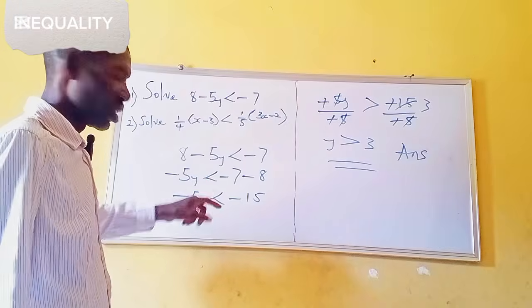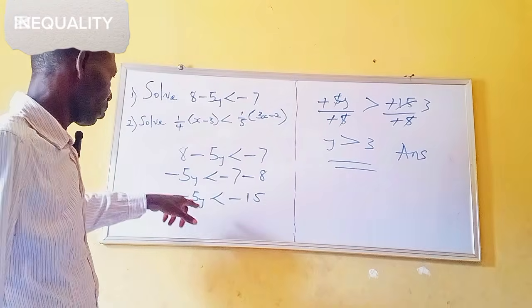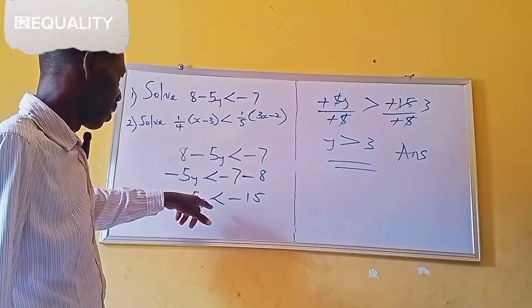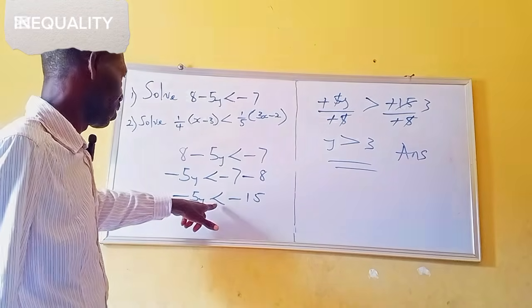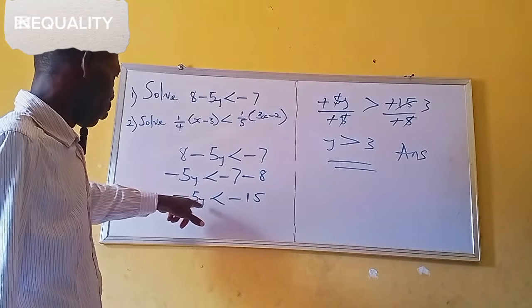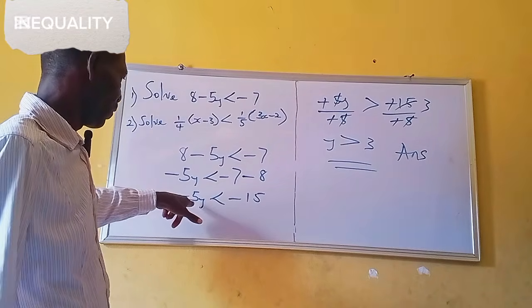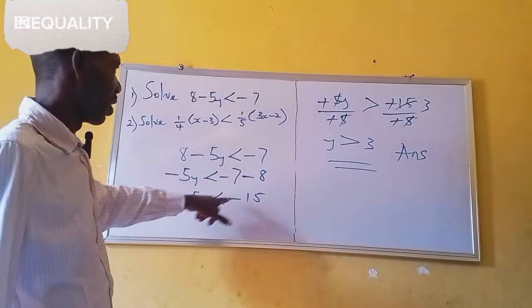Okay, note it. When you are dividing with a negative number, you flip, that is, you reverse the inequality sign. So this is less than now, but because you are dividing with a negative number, this less than will change to greater than.